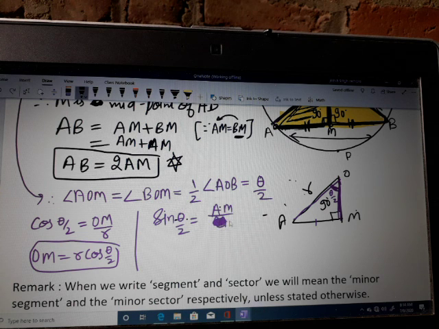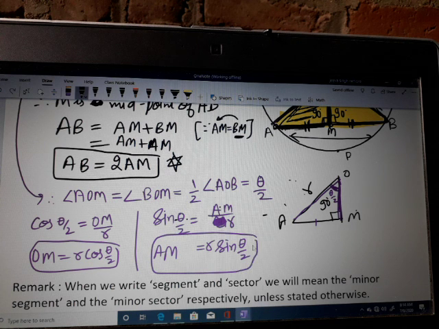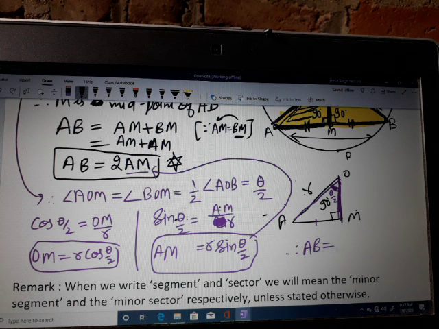So I am using the radius of the circle. So AM equals, cross multiplying, AM equals R sin theta by 2. If you know AM you can easily find out AB by putting this value of AM here. Therefore AB equals twice this AM, so 2 times R sin theta by 2.